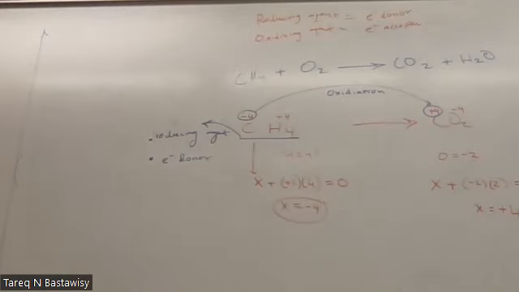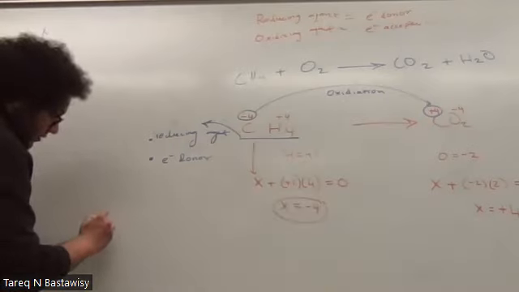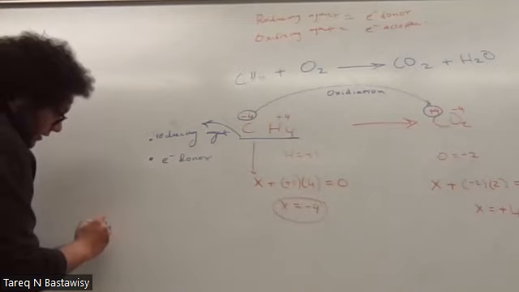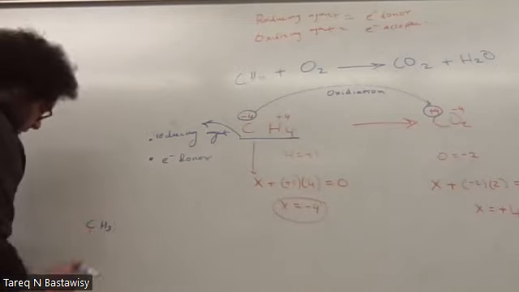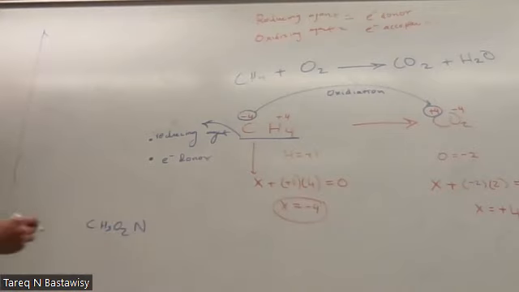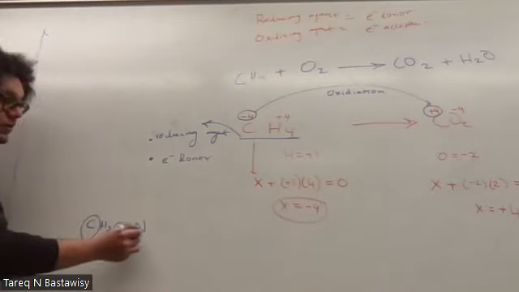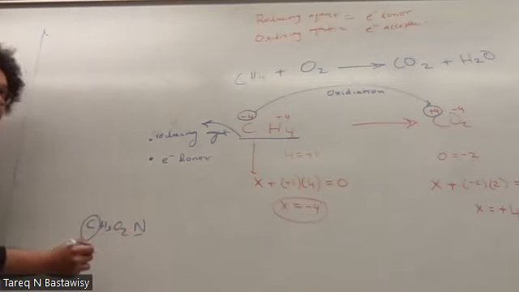Like we said before, if you have a biomass like CH5O2N, there is no way to know what this C is so that you can solve for this N. You cannot do that.